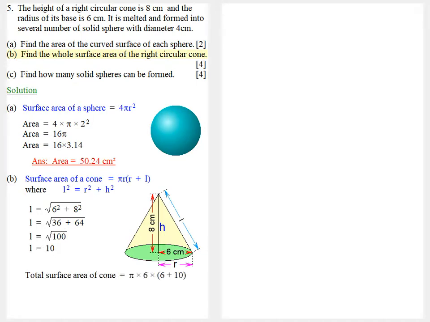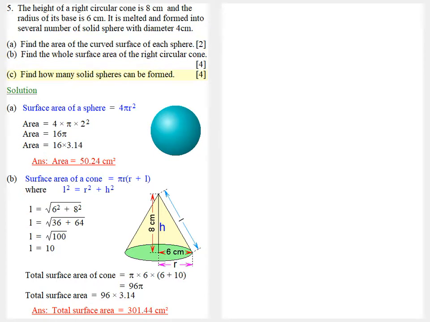That means the total surface area of the cone is pi times r, which is 6, times r plus l, which is 6 plus 10, or 16. So it's pi times 6 times 16, which is 96 pi. And if we take pi as 3.14, the total surface area works out to be 301.44 square centimeters.